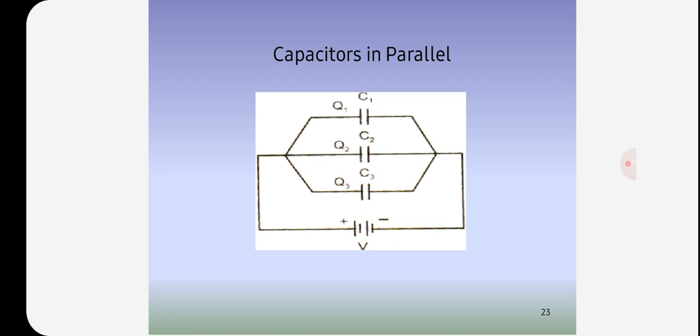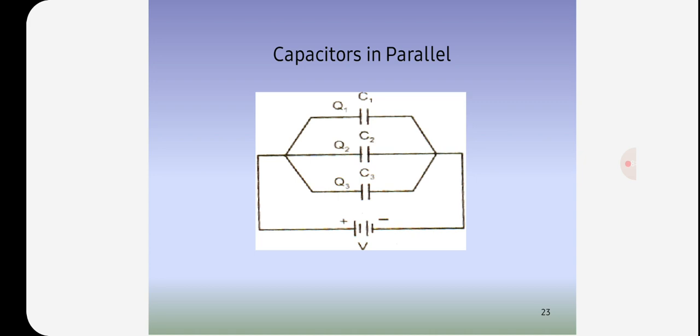Consider three capacitors having capacitances C1, C2 and C3 farads connected in parallel across a potential difference of V volts. The equivalent circuit in which the three capacitors connected in parallel are replaced by a single capacitance C equivalent.